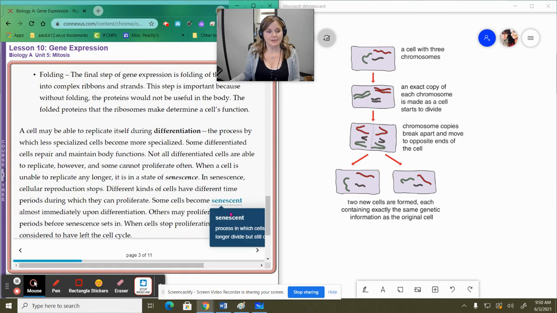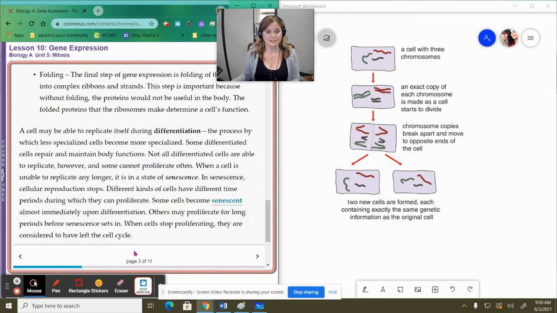It goes on to say a cell may be able to replicate itself during differentiation, but not all differentiated cells are able to replicate or proliferate often. It comes to a point where if a cell is no longer able to proliferate or replicate, we say the cell is in a state of senescence. We've referred to this word before as well. Senescence means that cellular reproduction is going to stop. Sometimes this is permanent, sometimes it's temporary.